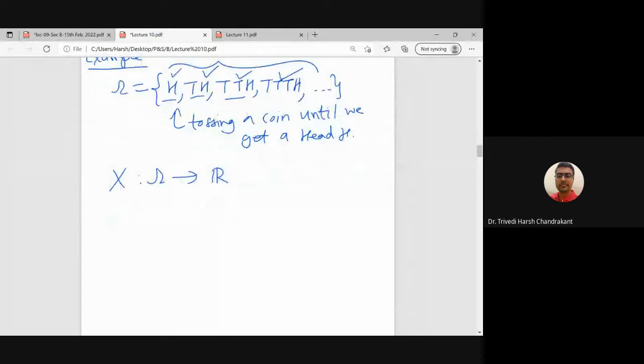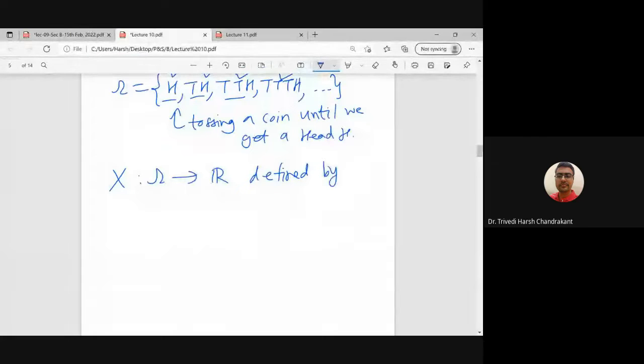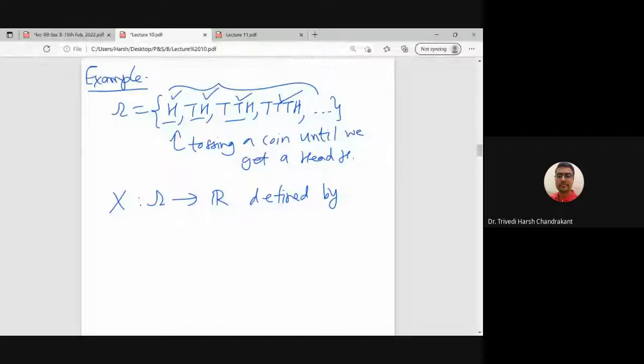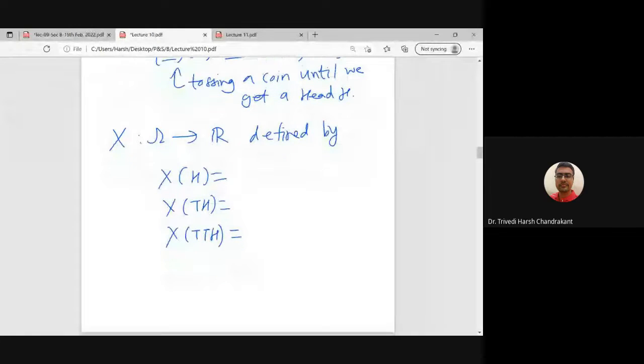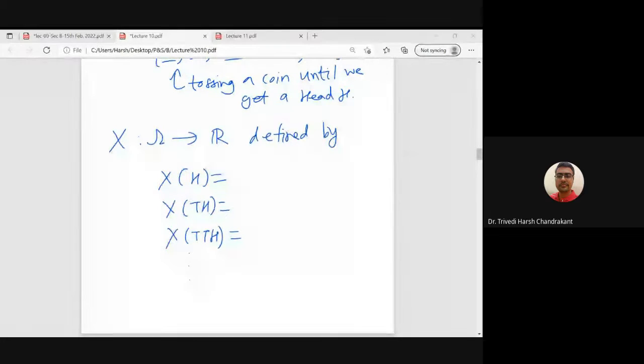So what will be X of H, X of TH? We need to write down here what real numbers we want. So what can you suggest?